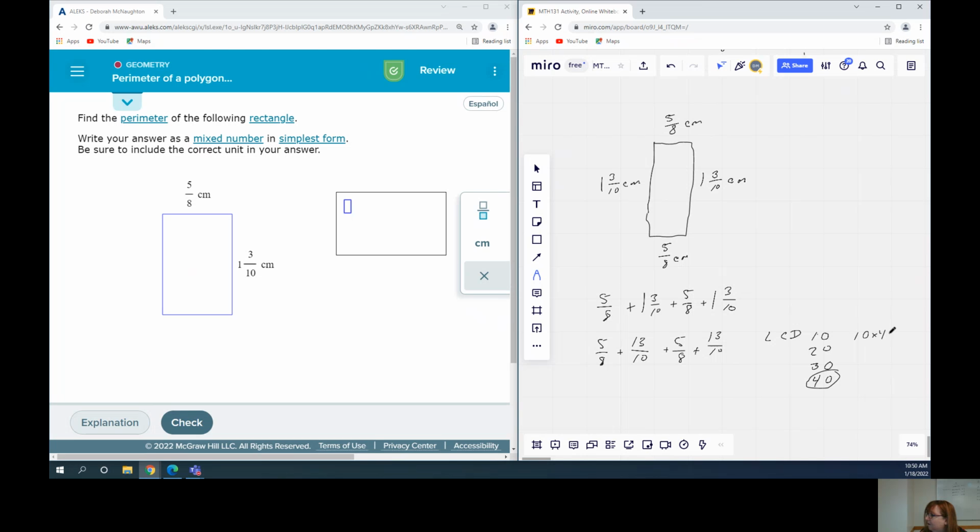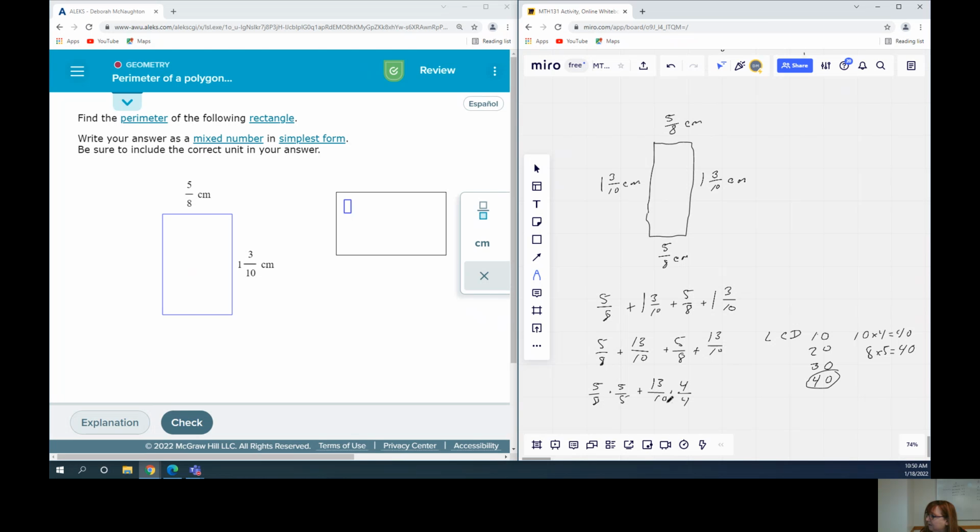10 times 4 is 40, and 8 times 5 is 40. So I need to multiply the things with 8 in the denominator by 5/5, and the ones with 10 in the denominator by 4/4.